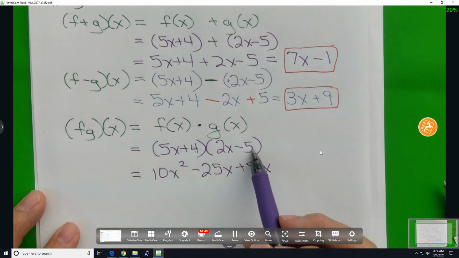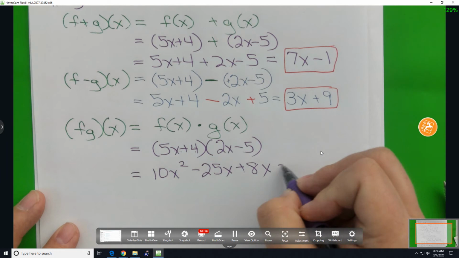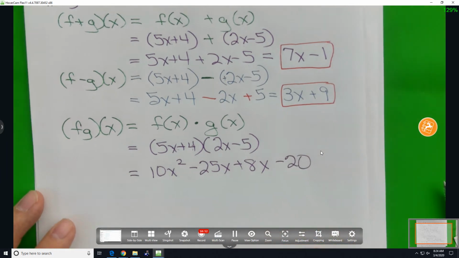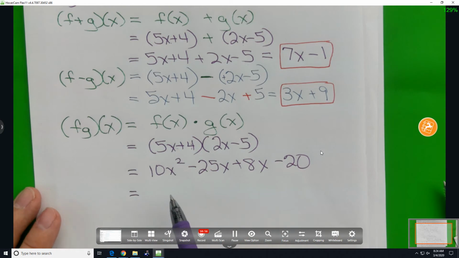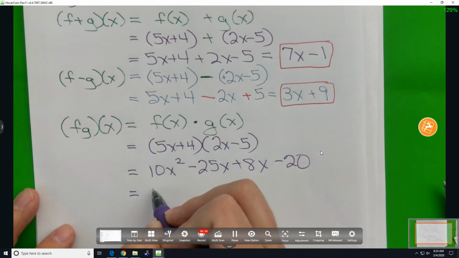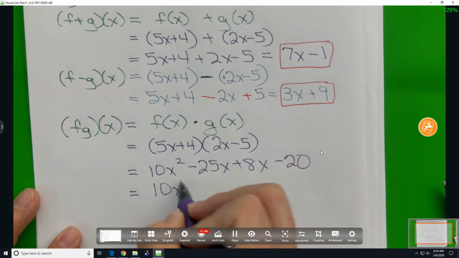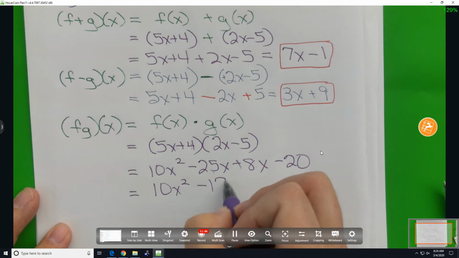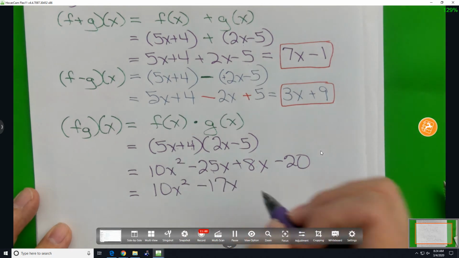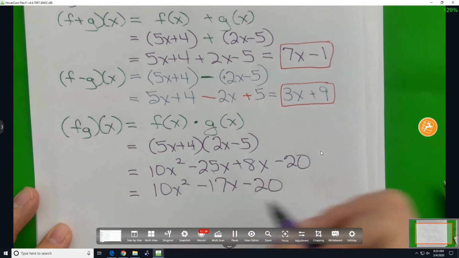And positive 4 times negative 5, I agree with that, minus 20. Combining like terms, we have 10x squared, negative 25x plus 8x is negative 17x, and that minus 20.